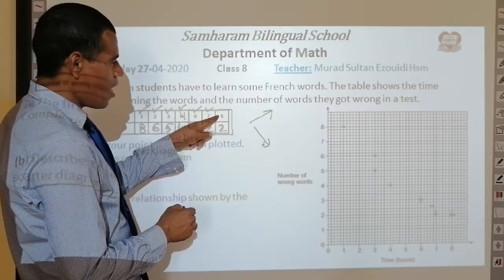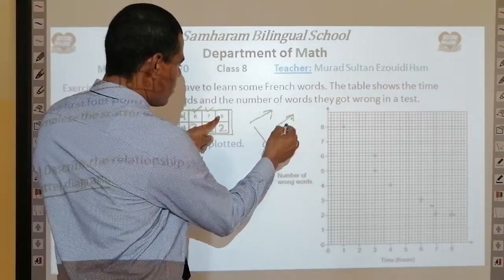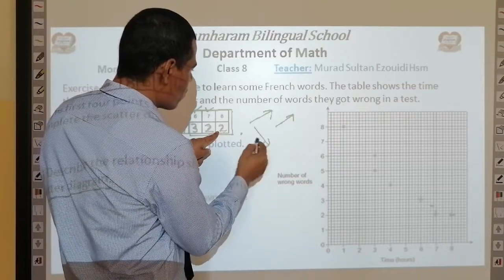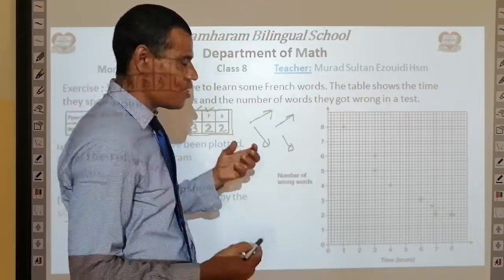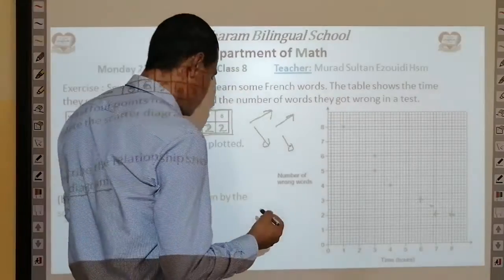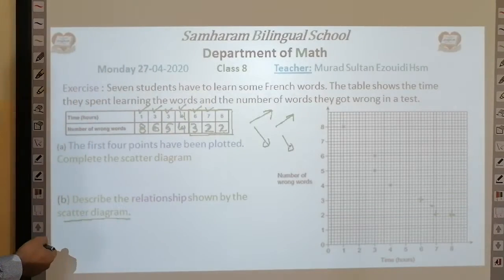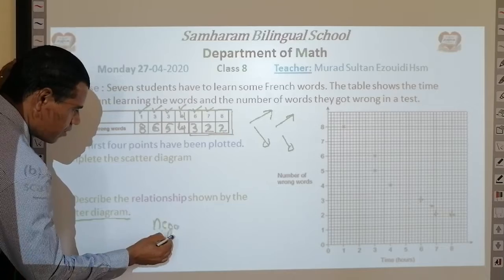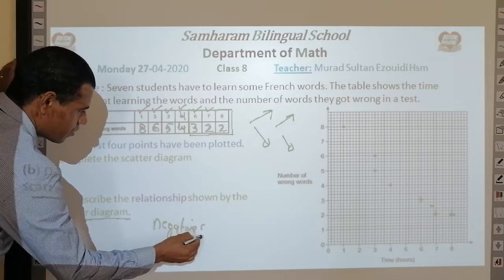And here, at 8, the number of hours is increasing, the number of wrong words is decreasing. Means what? This is a negative correlation.